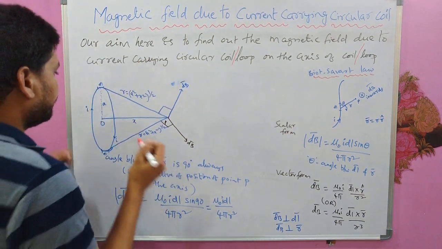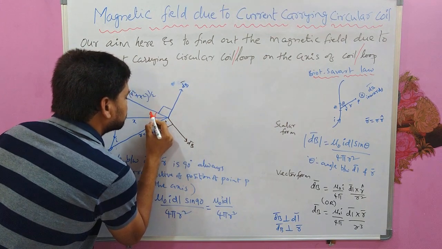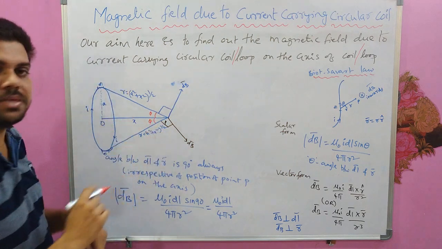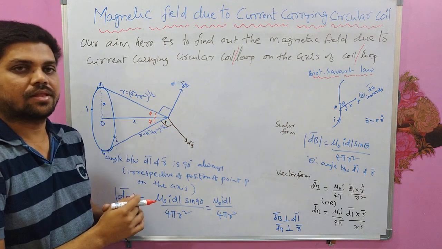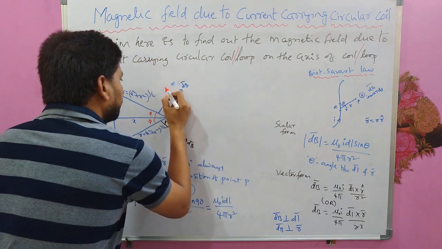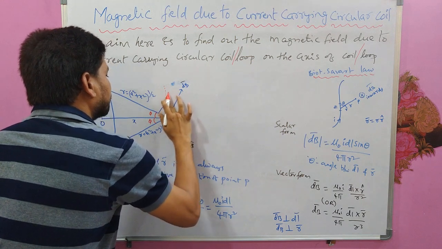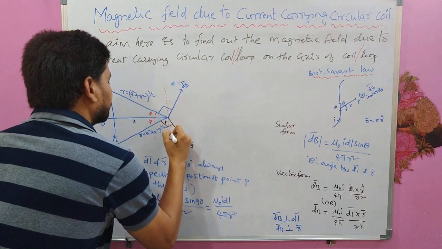And now the angle here I am considering is phi. With symmetry both will be same. This is a consideration. And I am drawing one normal to the axis of the loop.